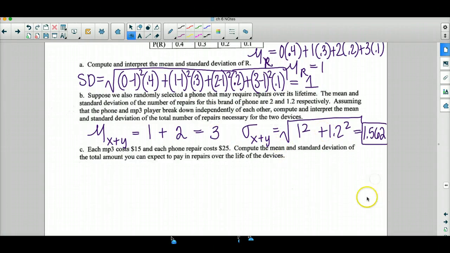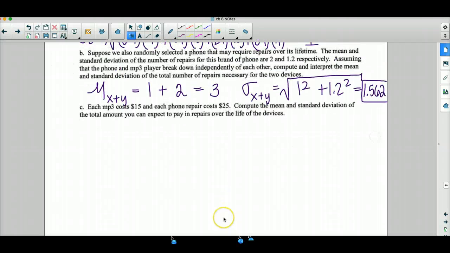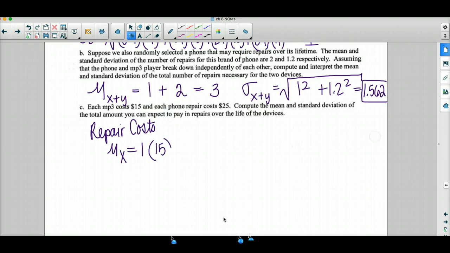Each MP3 costs $15 and each phone repair costs $25. Compute the mean and standard deviation of the total amount you can expect to pay in repairs over the lifetime of the devices. All right, so these are the repair costs. So the mean of X is 1. It's going to cost $15.